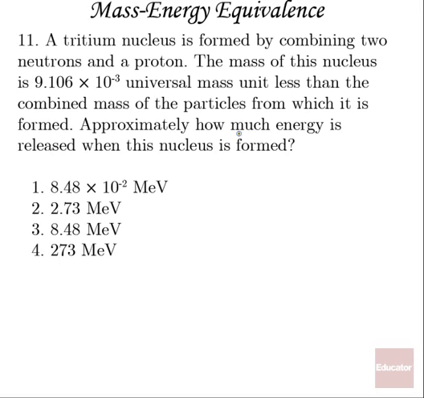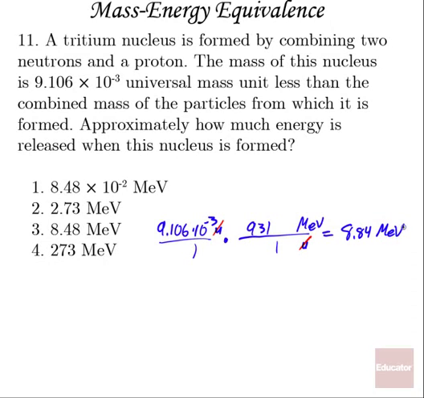Well, to do this, let's convert 9.106 times 10 to the minus 3rd universal mass units into mega electron volts, where I know that 1 universal mass unit is 931 MeV. Universal mass units are going to make a ratio of 1, and I'm going to end up with an answer of about 8.48 mega electron volts. Answer number 3.